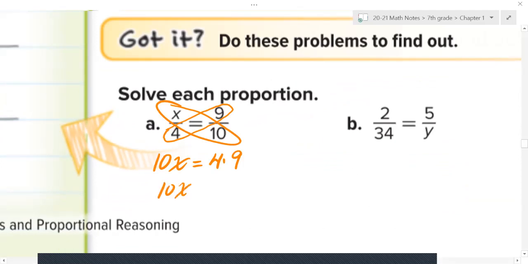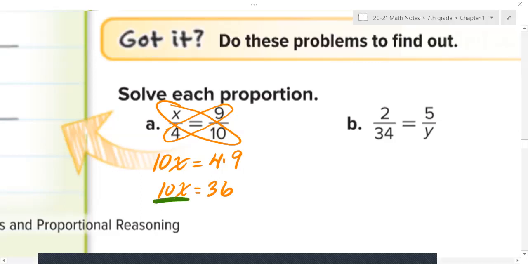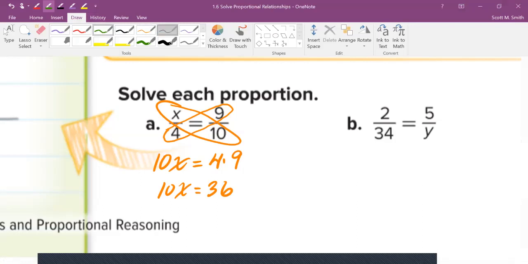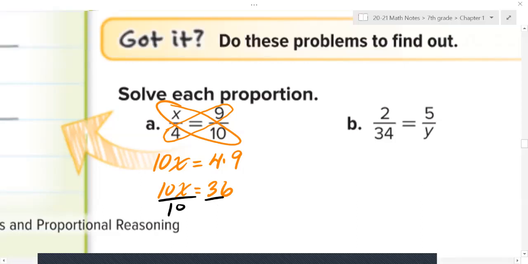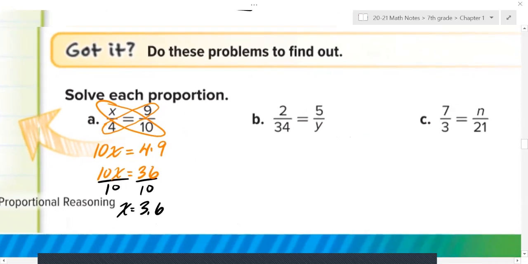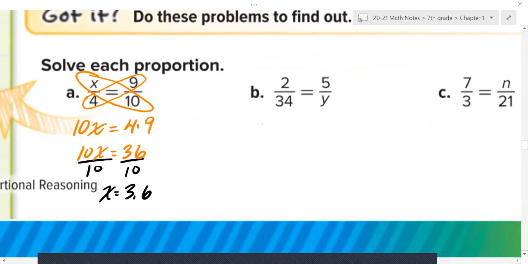So I'm going to rewrite this. 10x is equal to 36, but now I have to solve for x. So I divide both sides by 10 to get my variable by itself. So I have x is equal to 3.6. The main concept is cross multiplication.